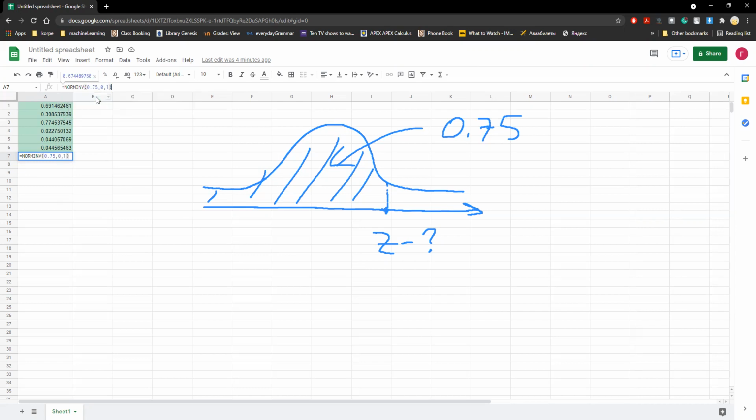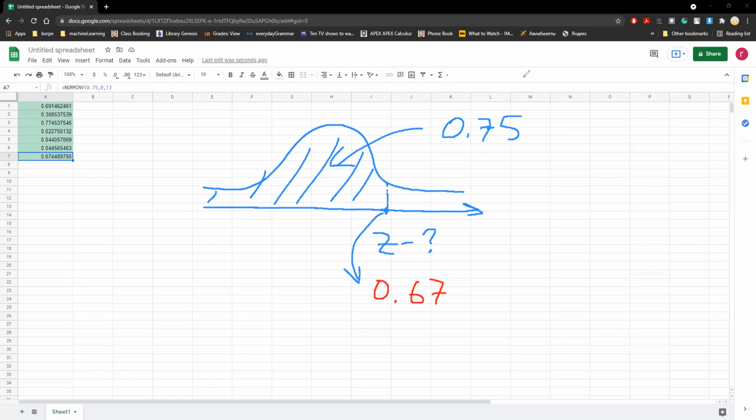So since we are working with standard normal, this value is 0.67. So this point corresponds to 0.67. Okay. To the left of point 0.67 will lie 75% of my points. Okay. Right.